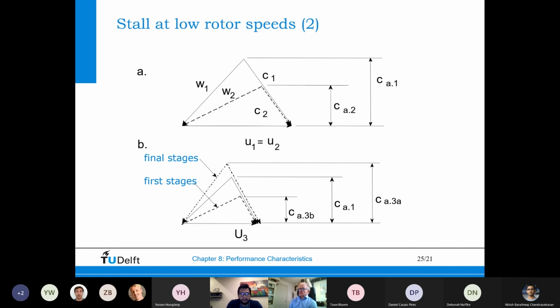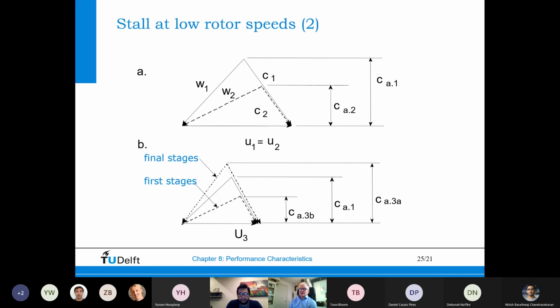Now, if you operate that compressor at a much lower pressure ratio and rotor speed, the convergent passage of that compressor is not suitable anymore. Actually, the compressor final stages expect the air at the design point to be at a very high density, but at lower power it doesn't have that density anymore.